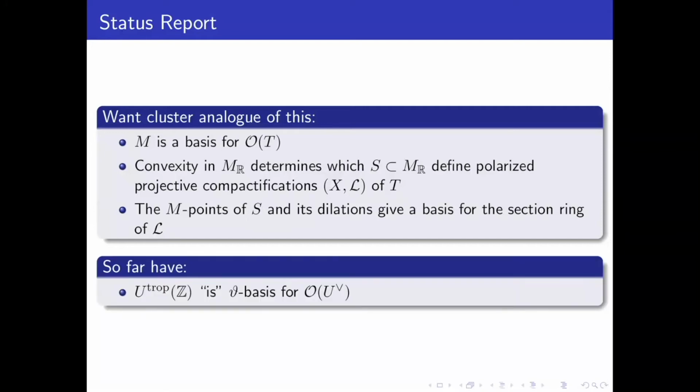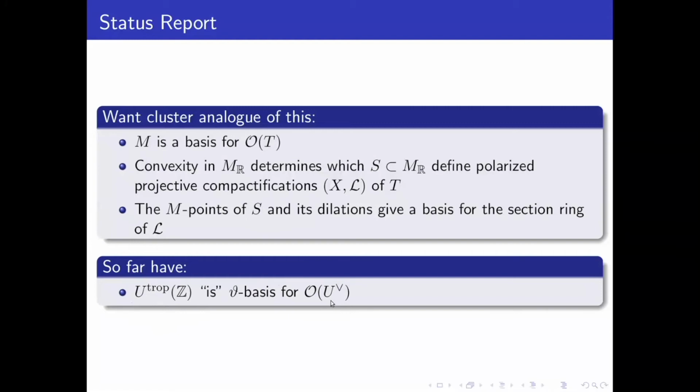And so far, instead of M, we're going to have U trop Z. So U trop Z, the integral tropical points of U, will give us a basis, the theta basis, for regular functions on the mirror U check.